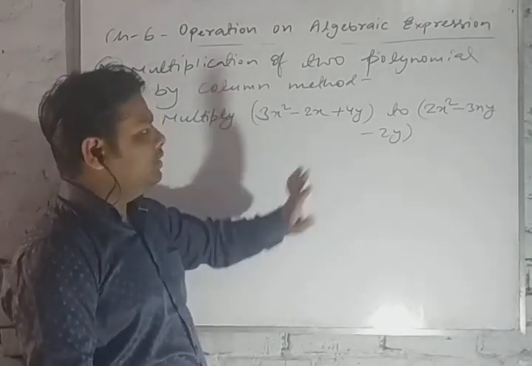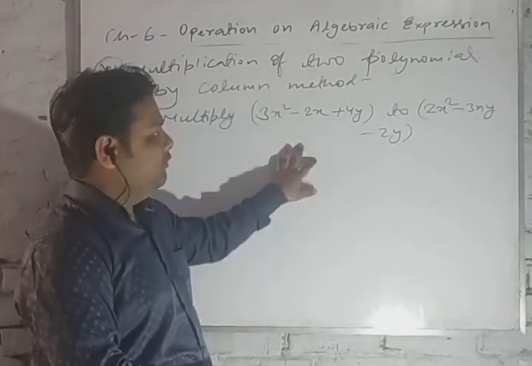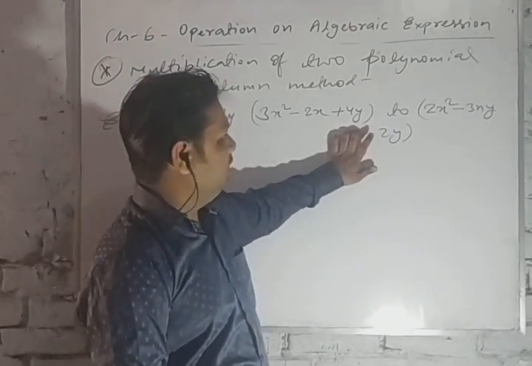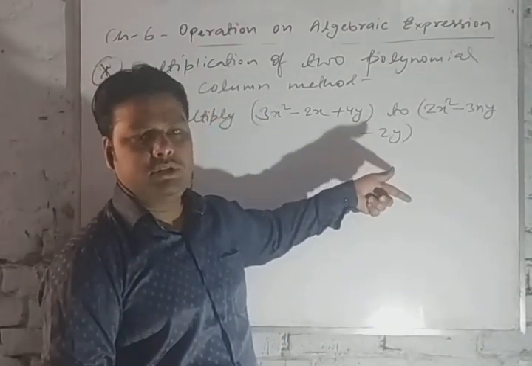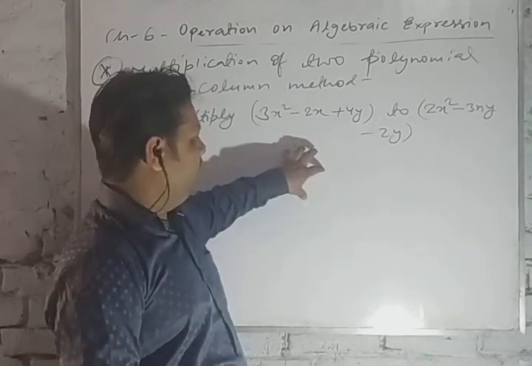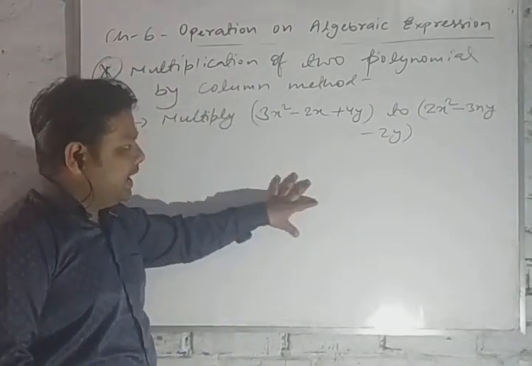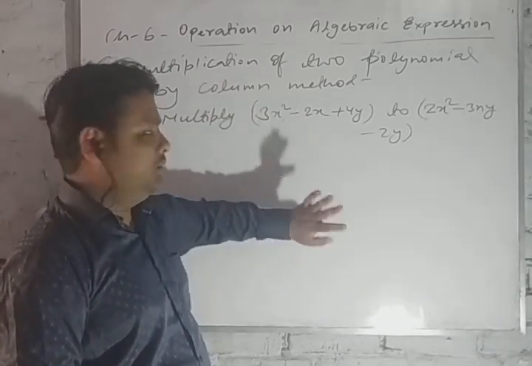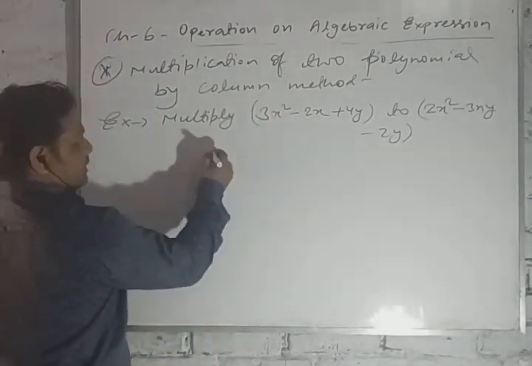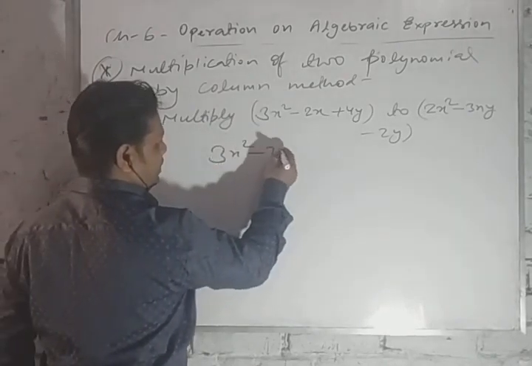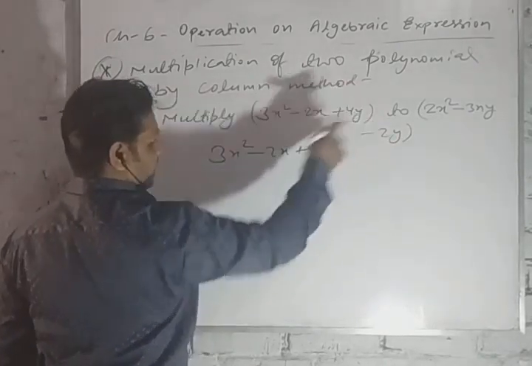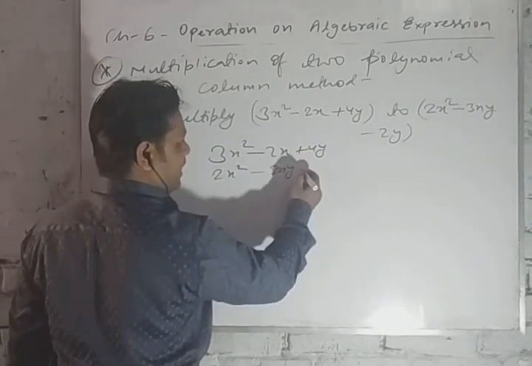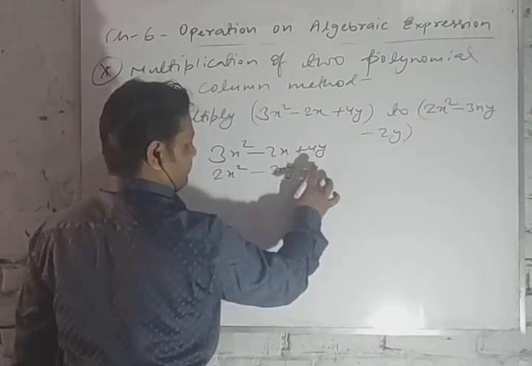But if both expressions are the same, that is, both have three terms, then we can write any expression in the first row and any expression in the second row. So now let's see, 3x square minus 2x plus 4y, and here 2x square minus 3xy minus 2y.